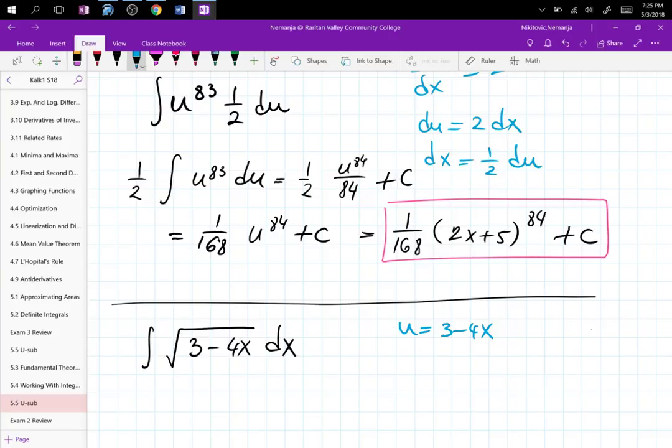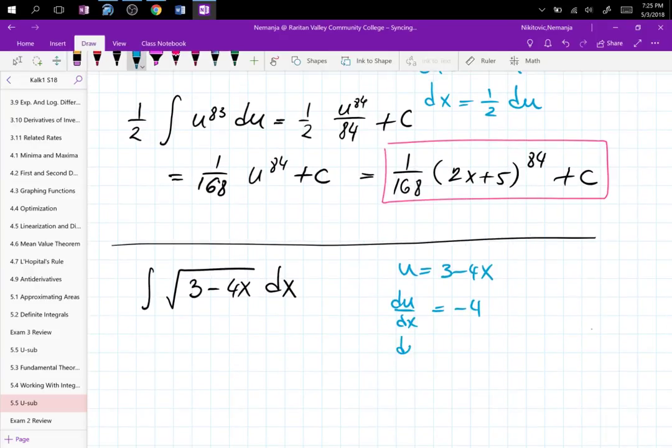Now you know that you will need the derivative to transform dx. So find du/dx right away, which is negative 4. Write that du is equal to negative 4 dx. And then solve for dx, which is negative 1/4 du.